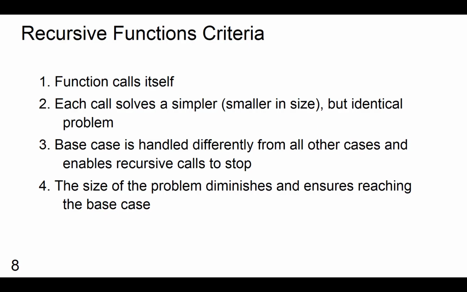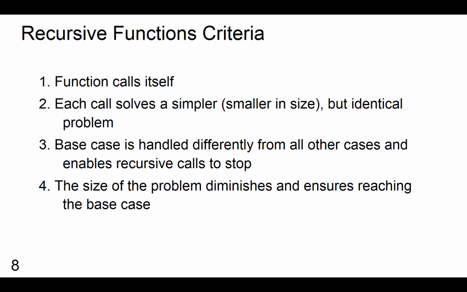Let's summarize the four criteria for recursive methods or functions. Number one, the method should call itself. Second, each method call will solve a simpler, smaller, but identical problem.